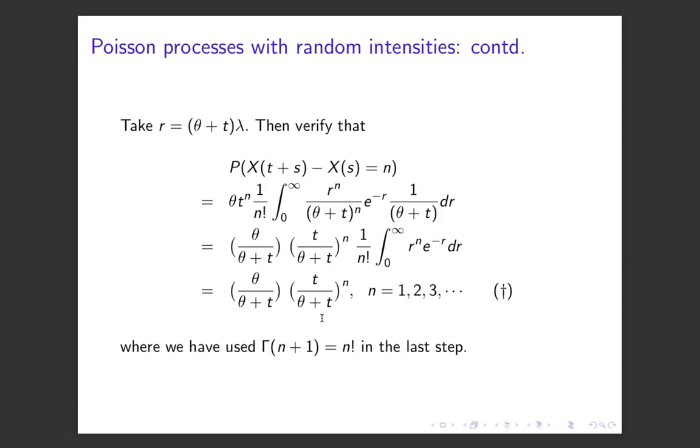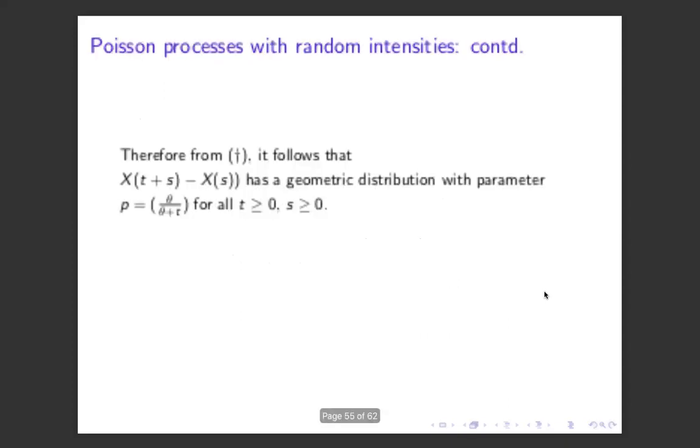So this expression we shall denote by dagger. So X_{t+s} minus X_s has a geometric distribution with parameter theta divided by theta plus t.